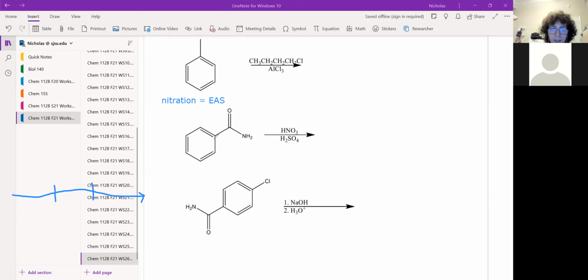So we have an amide here. Where does the amide show up on the diagram? It's meta-directing and it shows up on the left, yeah. So it will point here. That's where the nitro group will go, or on the bottom, yeah.